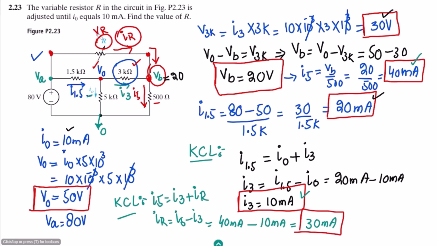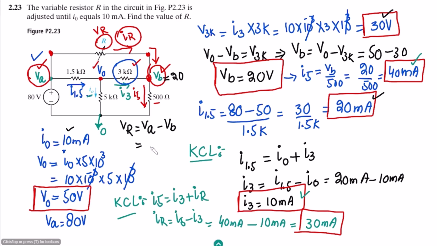Now in order to find the value of VR, we have two voltages across it. One is this VA, the other one is this VB, and from the potential difference formula we know that VR, which is the potential difference across this resistor, or the voltage which is consumed across this resistor, is equal to the applied voltage minus VB, which is the remaining voltage.